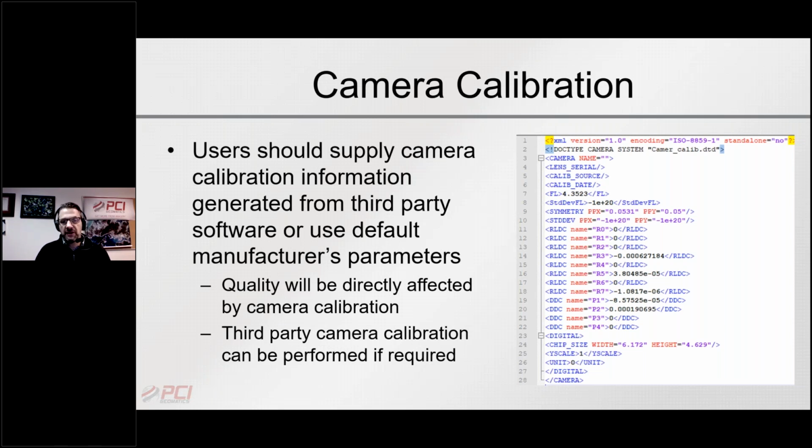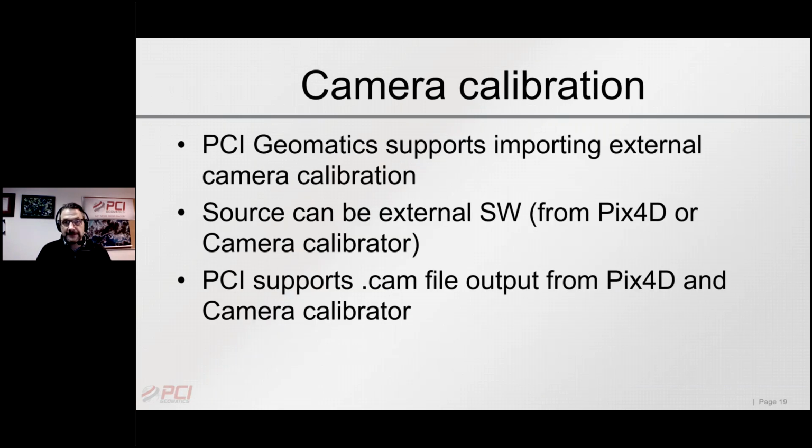However, we are working on technology to make that available in the coming point release. We understand that the market expects PCI to provide camera self-calibration, and we are working diligently to provide that in the next point release. So next slide. It can be external at the moment, but we are working towards providing our own.